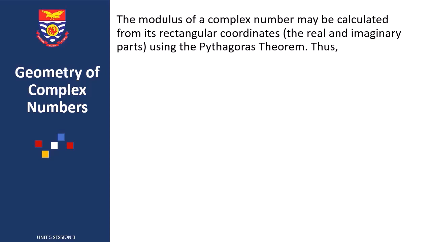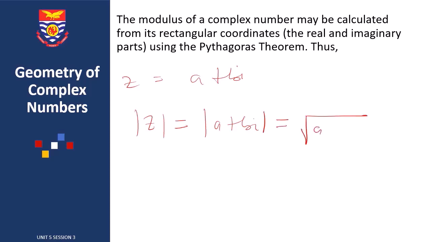So if you have z equals a plus bi, then we can find the magnitude of z, which is the same as the magnitude of a plus bi, and the same as the square root of a squared plus b squared. We are employing the idea of the Pythagoras theorem.